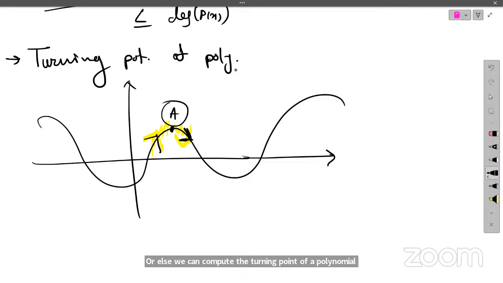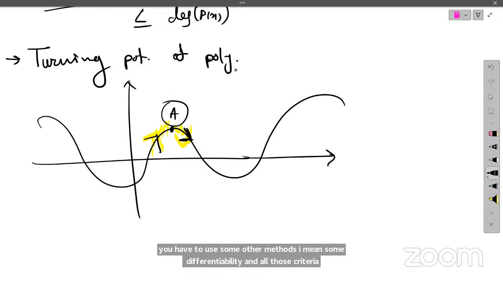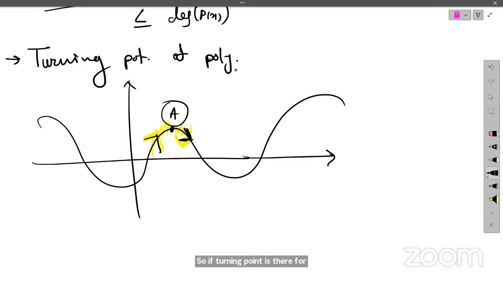If you have the graph, you can judge the number of turning points from there. But to judge turning points without the graph, you have to use other methods, like differentiability criteria. So if you want to guess the turning points, you need a graph.